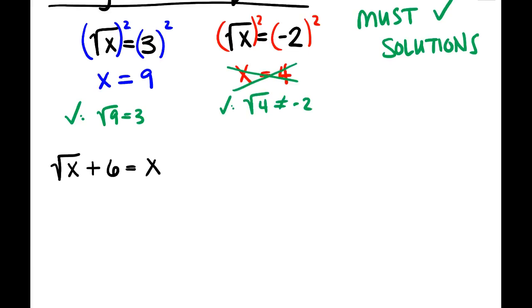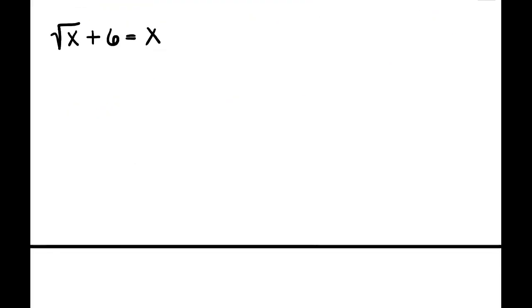This new example really highlights the two potential issues that can happen with solving a radical equation. If you want, I say pause the video, try this out, and see if you run into or make either of these mistakes on your own. One potential mistake is to square both sides. You see the square root and you get excited and you square both sides. But what will happen if you do that?